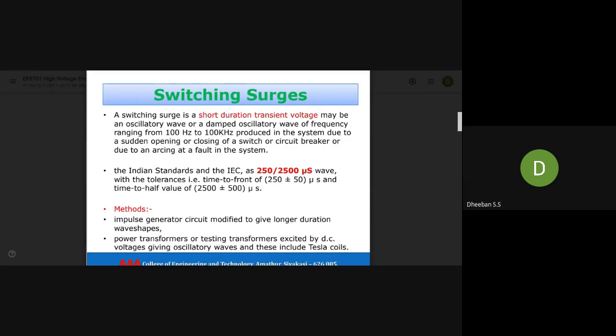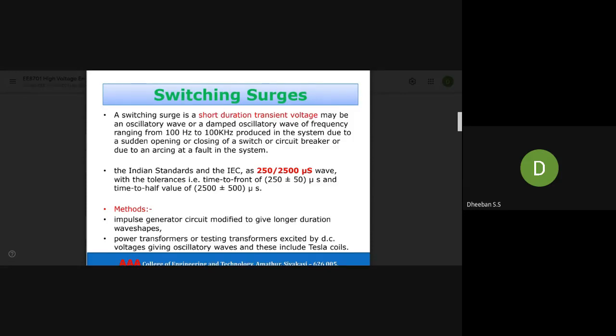You might be getting some confusion between your impulse voltage and the switching surge. The main difference is in terms of the time period.